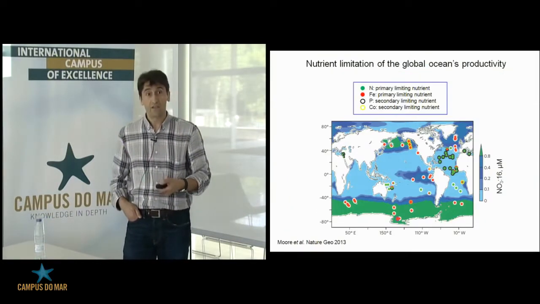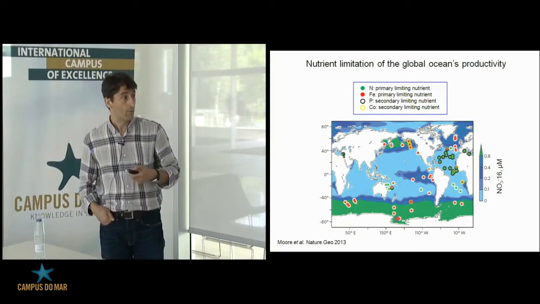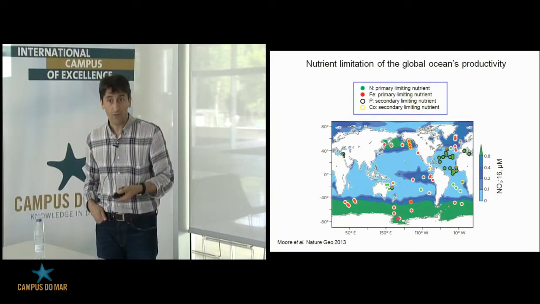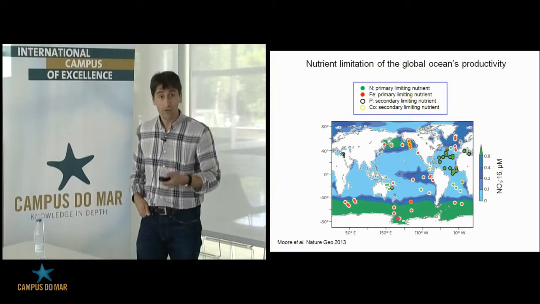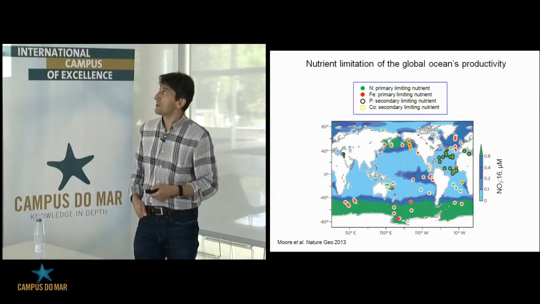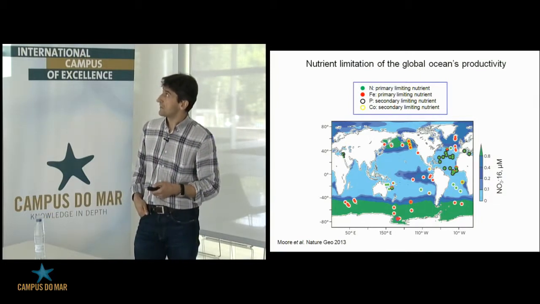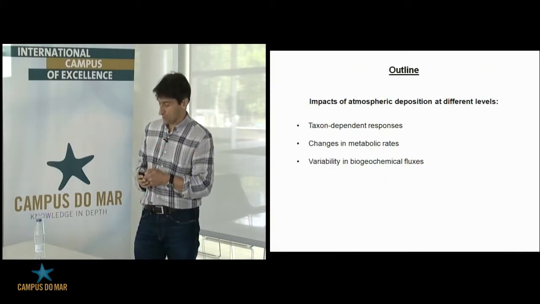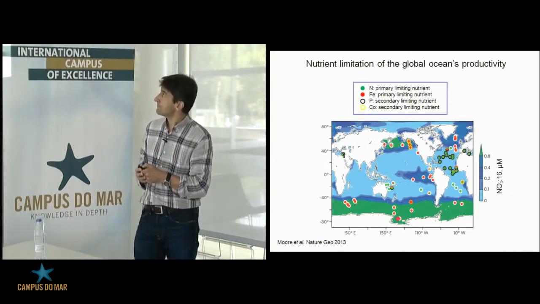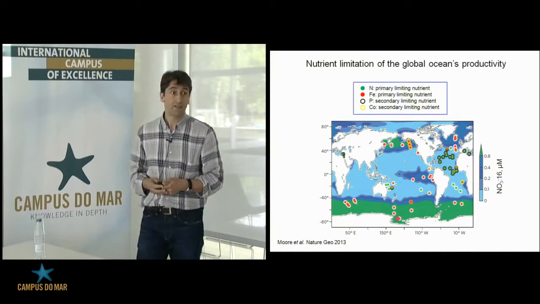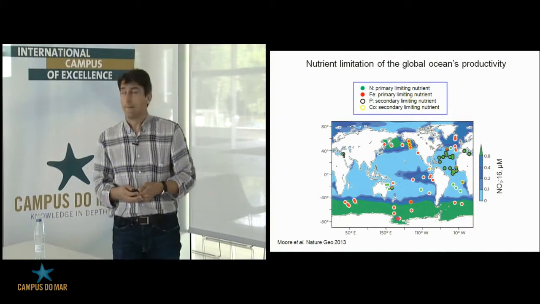We know this for a fact because bottle incubation experiments and in situ nutrient addition experiments have indicated to us that, for instance, nitrogen, which is the green circle there, is limiting these subtropical gyres, typically, whereas iron, as I was mentioning, is typically limiting in the HNLC waters.